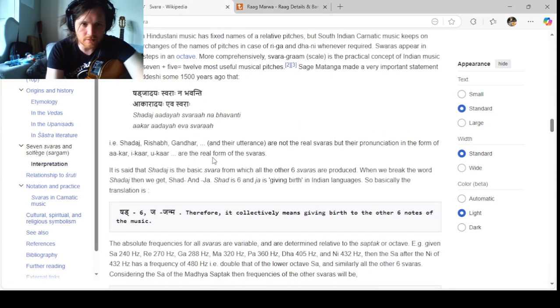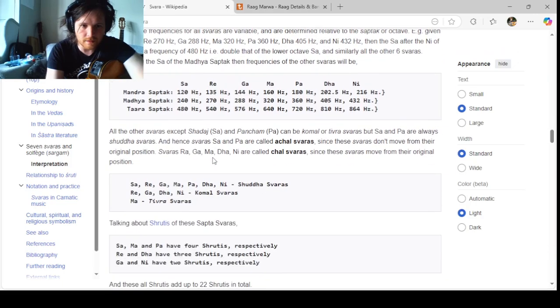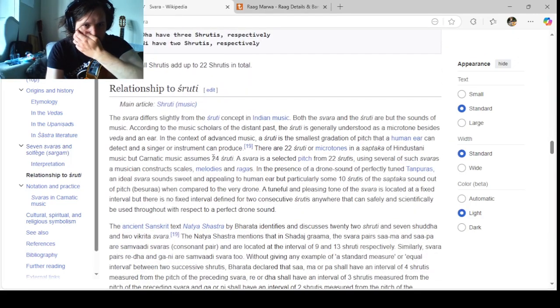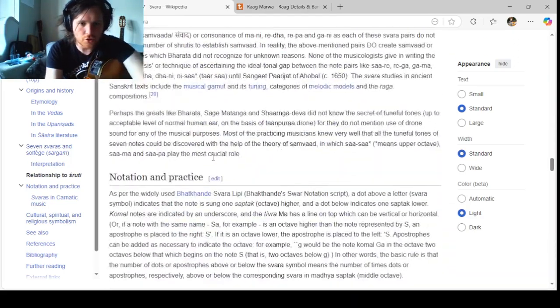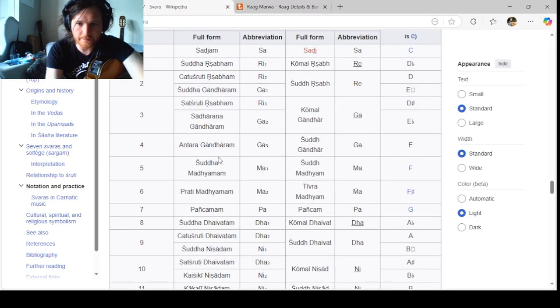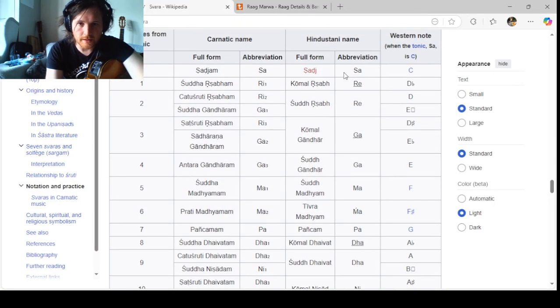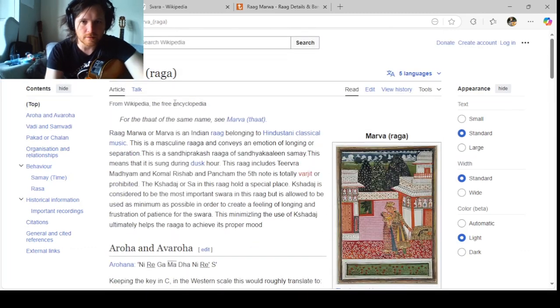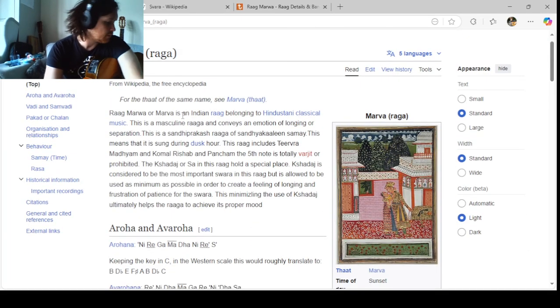And I couldn't find anything specific on here very easily understood that would tell me what the commas were. But this is pretty useful because this is giving different ways of writing the different notes, which is useful. Over here we have another Wikipedia page about Marwa the Raag.